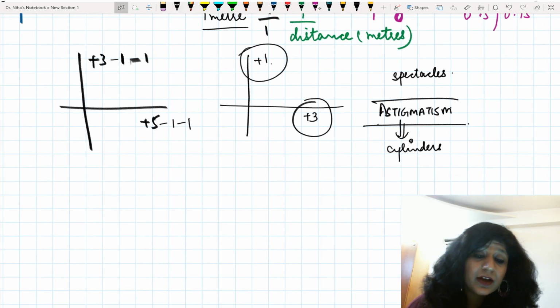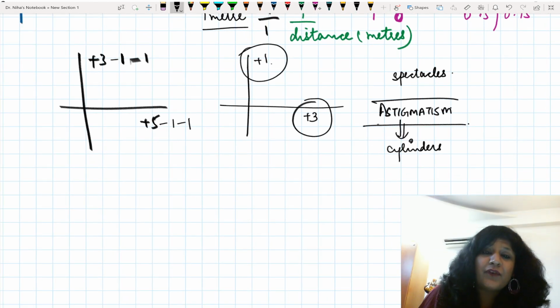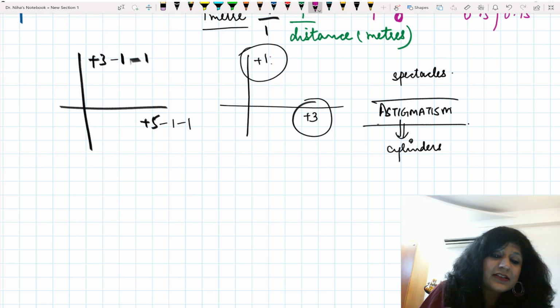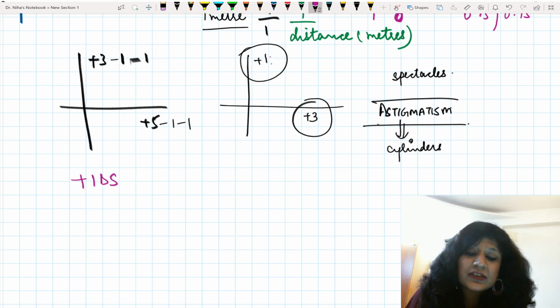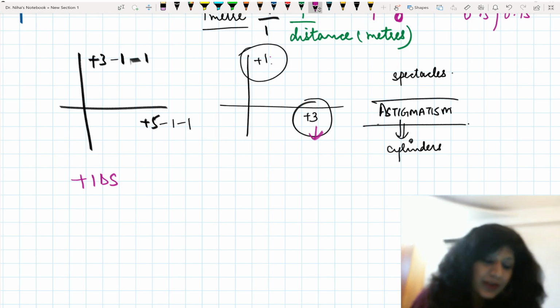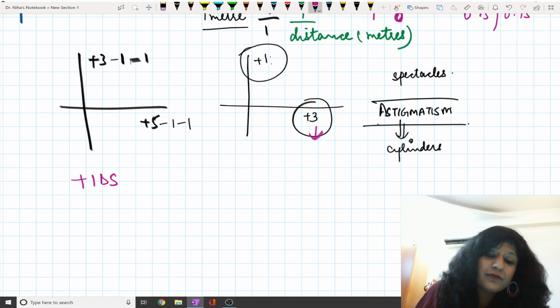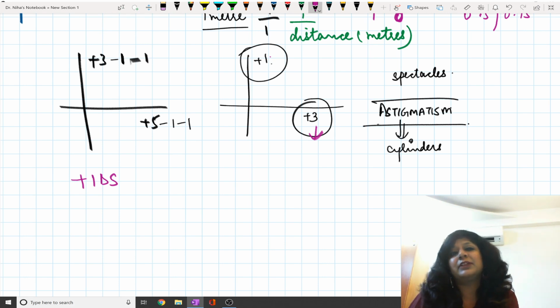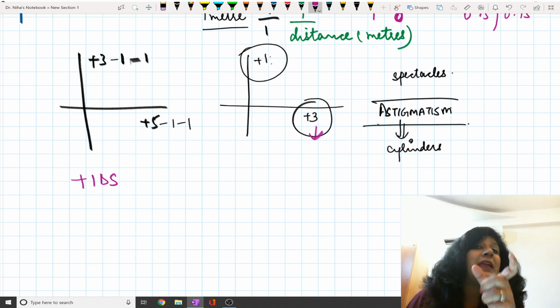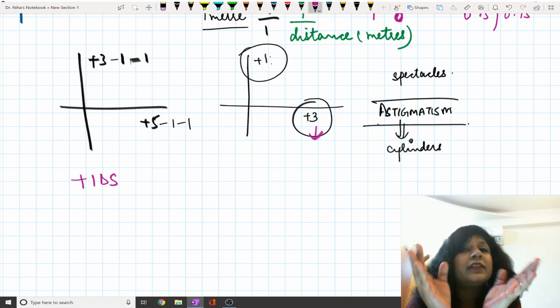So what we do here, take anyone as a sphere. So suppose I take this +1 as a diopter spherical, right? So this will become your cylinder, right? Because when you are giving the cylinder, suppose I have already given +1 diopter spherical. So now spherical means it has started acting in all the axes.